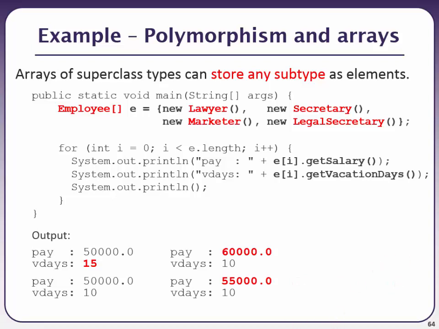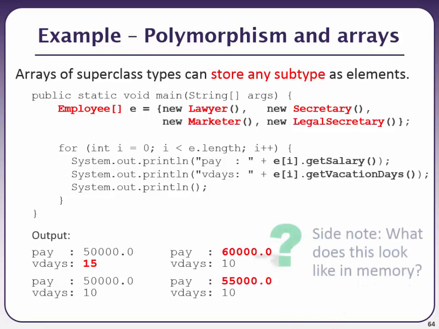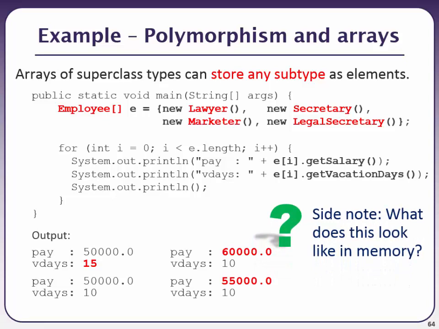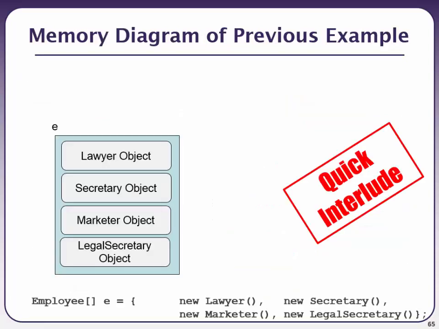Okay, so before we go any further, let's open a side note here, and we are going to take a quick look at what this program would look like in memory if we draw the memory model. The idea here is that, again, I want to make sure that I catch any misconception that you might have about references and arrays and references being combined together. So this is just a quick interlude here to make sure everybody is avoiding that misconception.